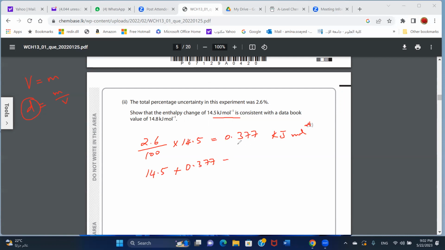Yes, so what do you get? 14.877. Okay, which is, they say that it is consistent with the data booklet, isn't it? Yes. Since we got this value, this means that it is very near to the 14.8 kilojoules per mole, which means that it is consistent with the data booklet value. Yes, excellent. Do you have any question here on what Abdurrahman did?